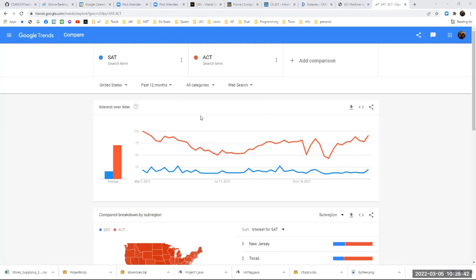So more people search the internet for ACT than SAT. Do people care more about ACT than SAT? Kind of, right? Kind of, recently. Yes. Okay. And does this indicate that ACT has more exam takers?